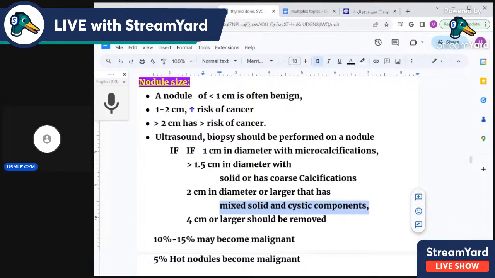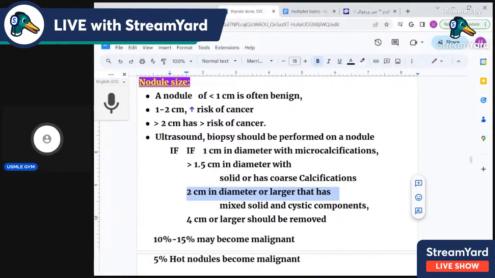So less than 1 centimeter is benign, 1 to 2 and more than 2 is a risk of cancer. And the biopsy is performed if it's 1 centimeter with microcalcification, or more than 1.5 centimeters with solid or coarse calcification, or 2 centimeters in diameter with mixed solid and cystic components.